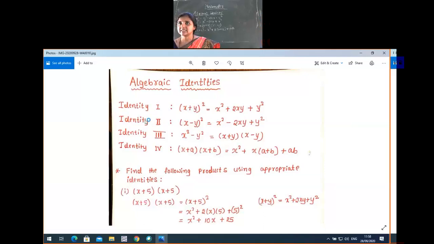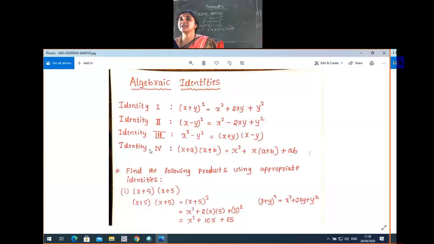Next, identity 2 is x minus y whole square, which is x square minus 2xy plus y square. Then in identity 3, you have x square minus y square, which is x plus y into x minus y. In the first chapter, we used this identity, no? So we used this one also.